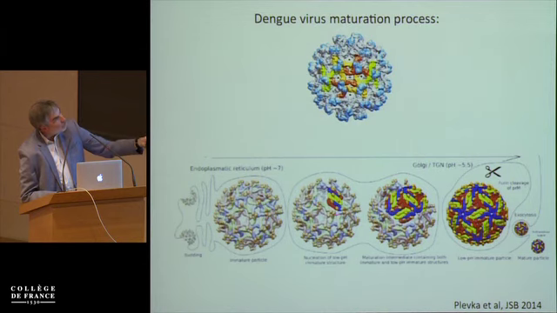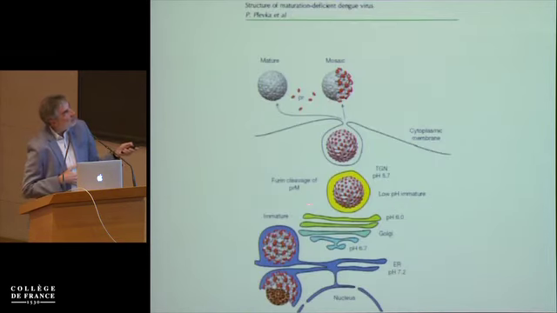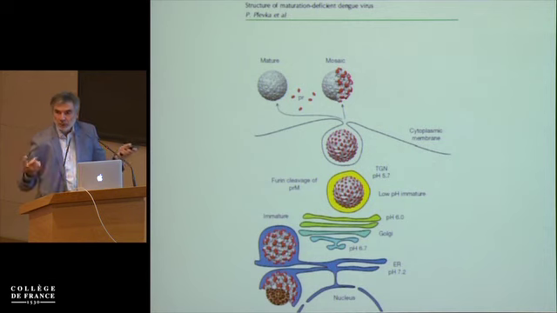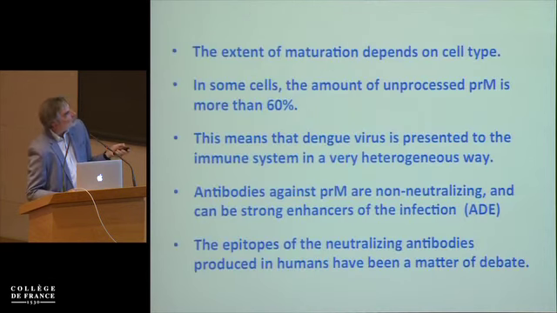When it is exposed to low pH, it changes conformation. The cleavage site is accessible, and this yellow part, the globular part of PRM, gets cleaved and is released upon sorting. This is quite complicated, but the key point is that if you have incomplete PRM cleavage, you have very heterogeneous particles. And that is one of the problems.